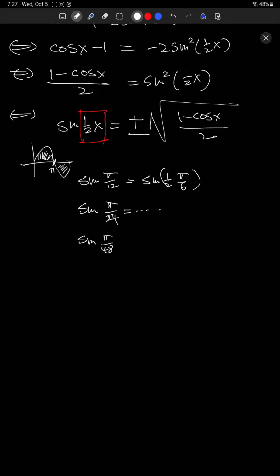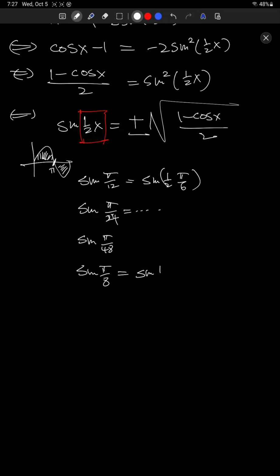Maybe this seems kind of ridiculous, so let me do one that's not as nasty. Sine of pi over 8 is relatively straightforward. It's not like pi over 48. This is something that before we couldn't calculate, but now we can.